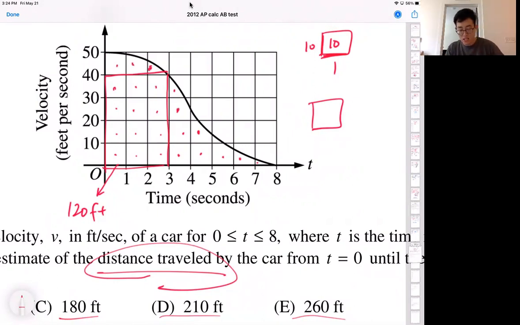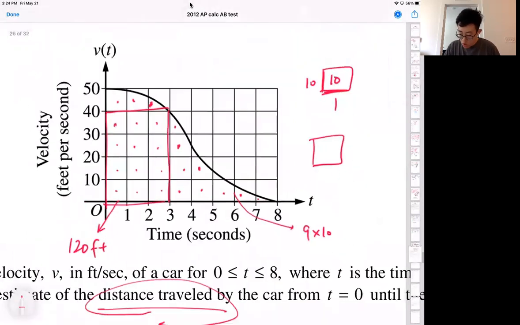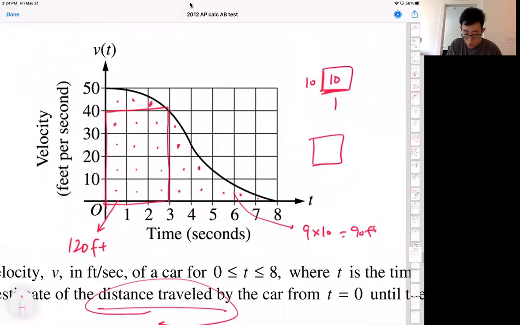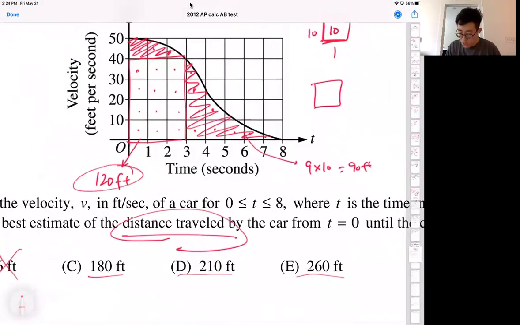I would say that's 9. All you have to worry about is counting up the squares. That gives you about 9 squares, and multiplying by 10, I get 90 feet for the area of just this part. Remember, I'm just estimating to find the closest answer. So 120 plus 90 gives me the total distance traveled, which is around 210.